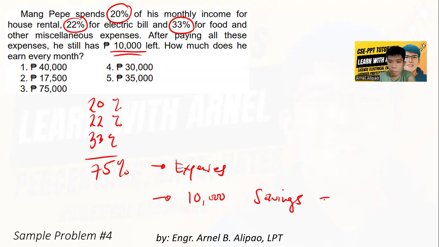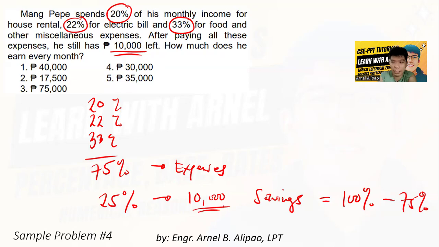Because he has a total of 75% expenses, the savings should be 100% minus the 75%, which is equal to 25%. Right? So the remaining money he has is the 25%. Correct? I hope you are with me.